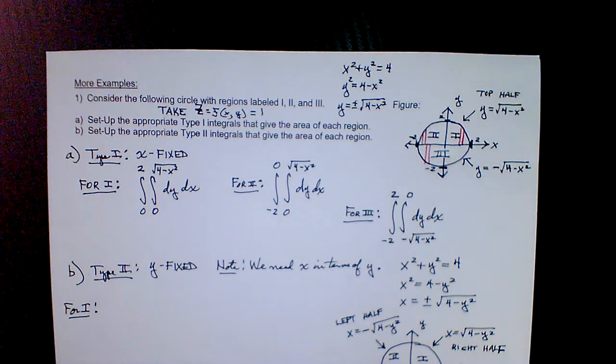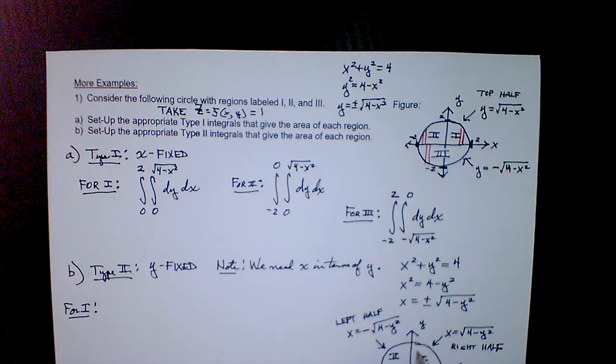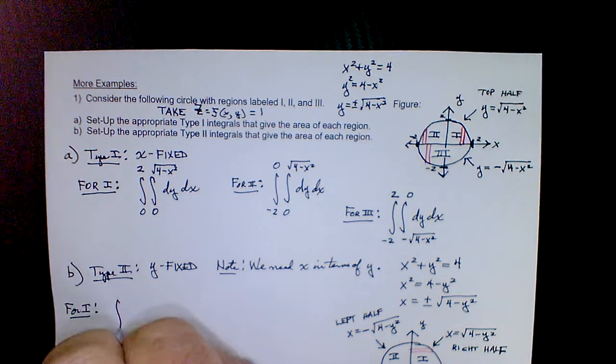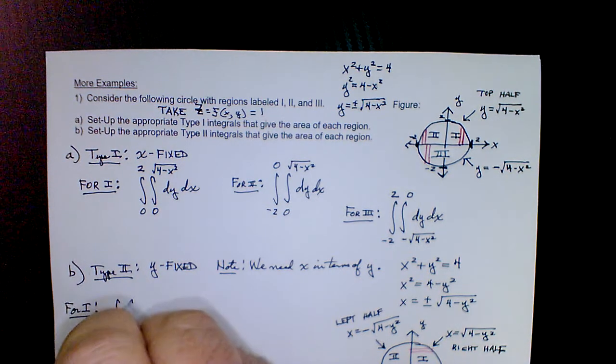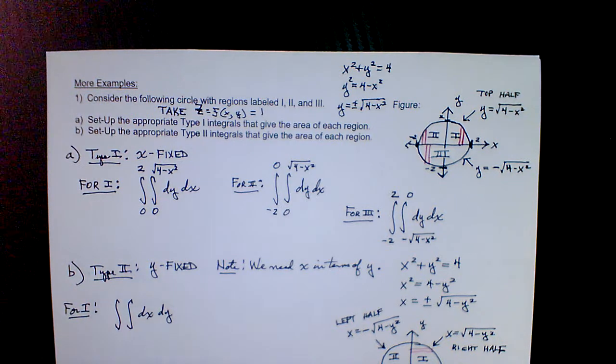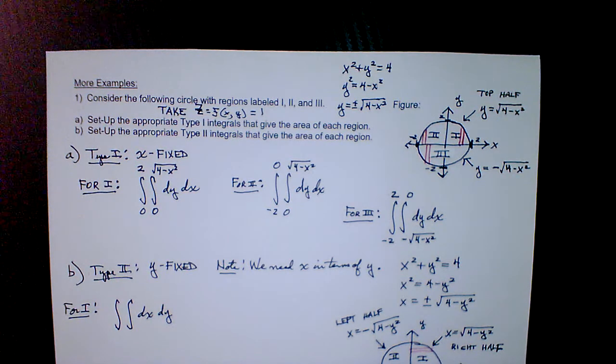For 1, now we're taking horizontal strips. Okay, so we're fixing y. So it's going to be in the order of dx dy, because y is now the outer. Remember these are all 2's, and -2 over here, radius is 2.